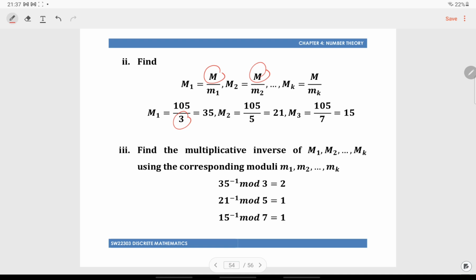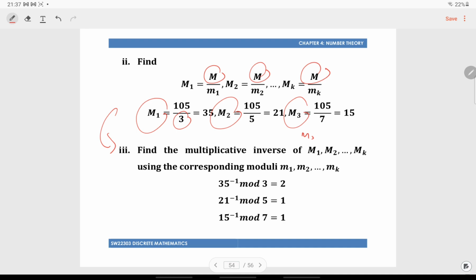And the final one is M3, because we only have small m3, so we find until capital M3. We divide M by m3. m3 is equal to 7. So the outcome is 15. So now we have capital M, capital M1, capital M2, and capital M3. We can proceed to the third step.